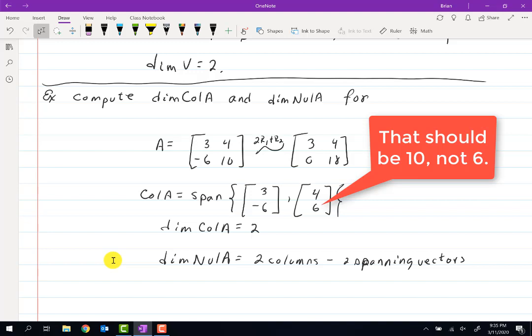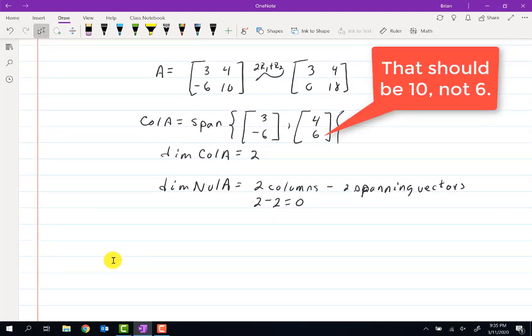Really, you're just going to do 2 minus 2, which will equal 0. So once I know that null A equals just the 0 vector, we're operating in R2 here. And so dim null A equals 0.